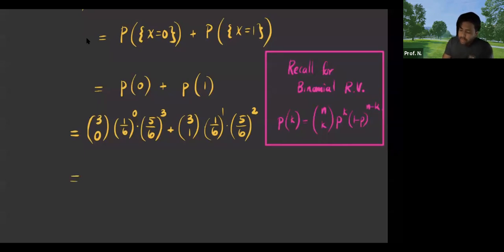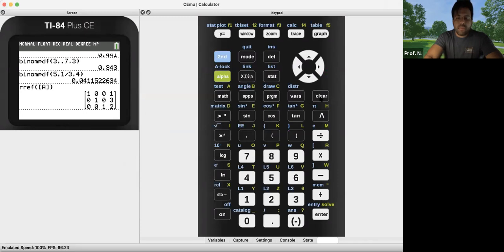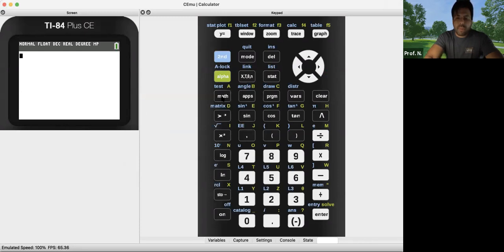So I'm able to do that. And I can also, again, put this in my calculator. So I'll do that really quick. So again, we go to distribution, second vars, go all the way down until you see binom PDF.